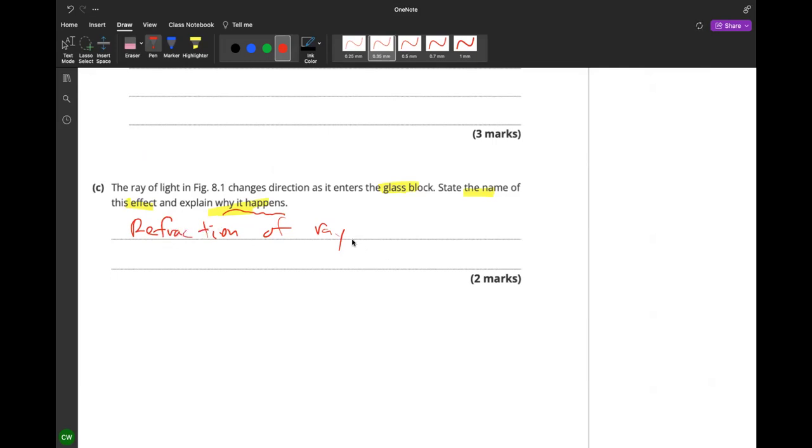Okay, this is the refraction of the ray due to the change in speed of the ray due to different density.